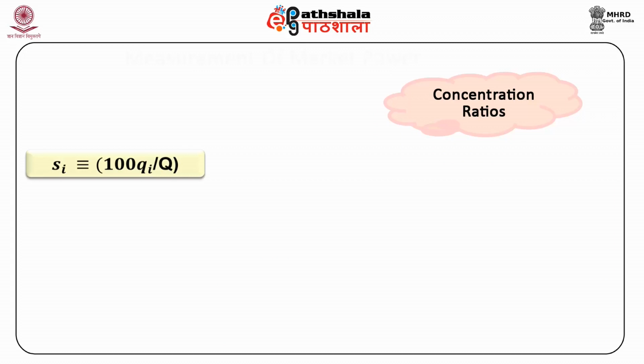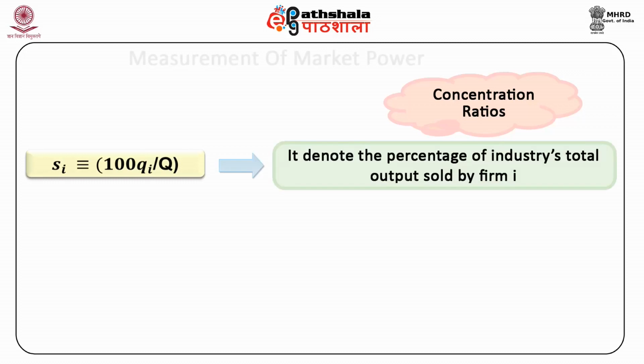Let Si equal 100 Qi divided by capital Q, denoting the percentage of the industry's total output sold by firm i. We call Si the market share of firm i. Let Qi denote the output of firm i, where i equals 1, 2, and so on till n.